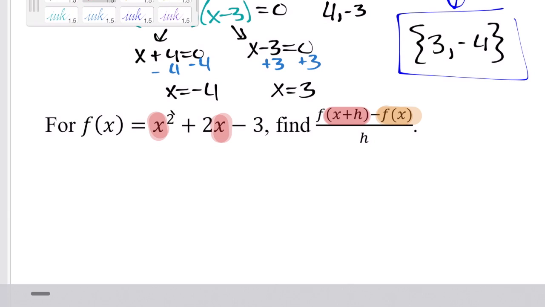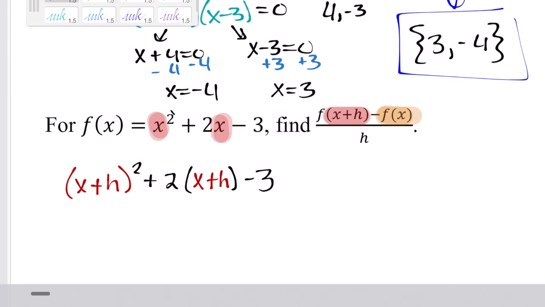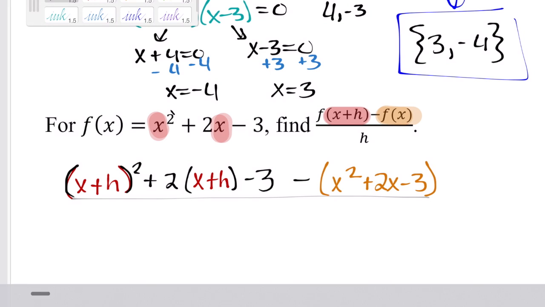The way that first bit looks when I do f of x plus h, I'm just replacing all of my x's with x plus h. And then I'm subtracting the equation itself and dividing all of this by h.